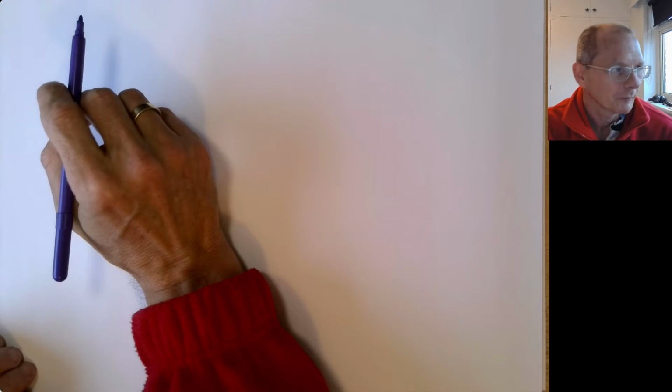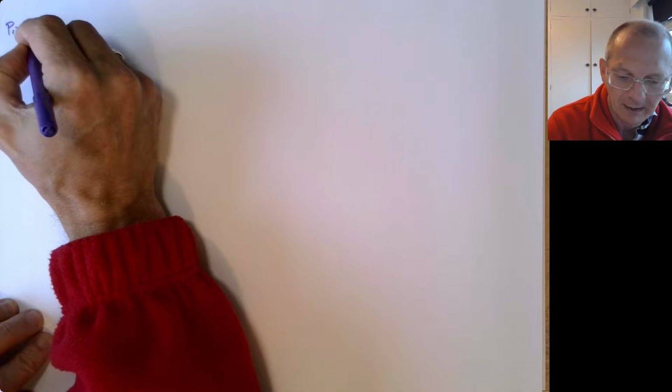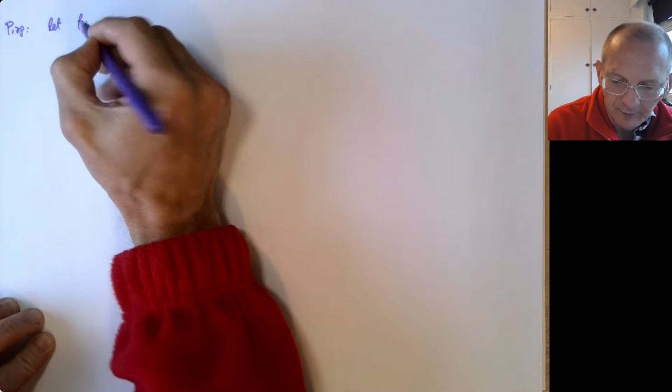Okay, so now we've got all our lemmas lined up, we're ready to prove that the complement of a ball is acyclic. So here was the theorem, proposition, whatever. Let's say it this way.